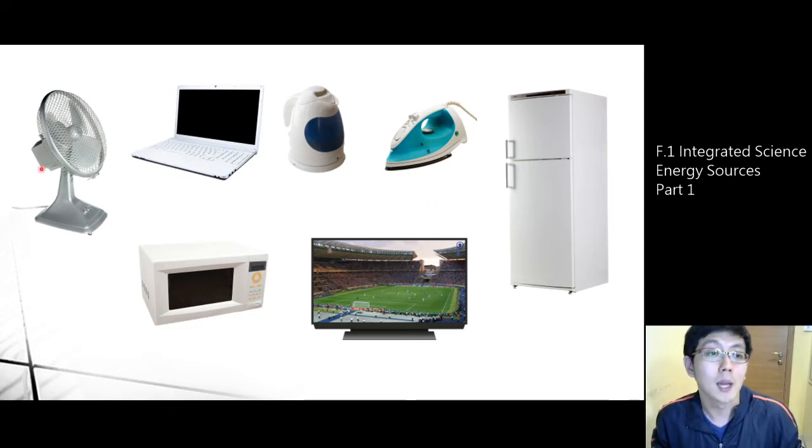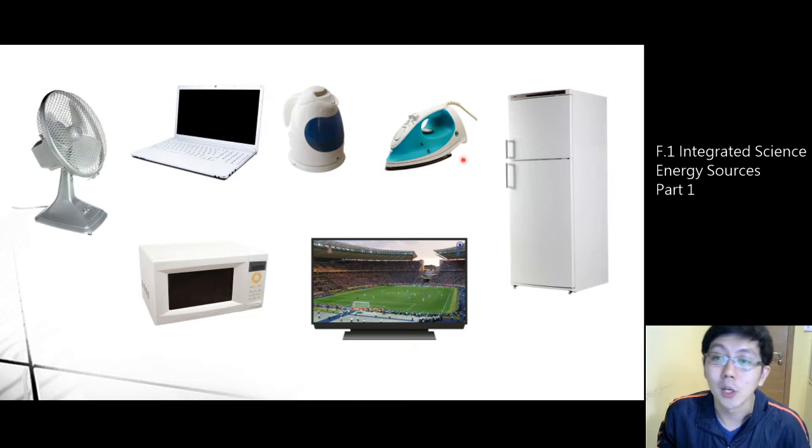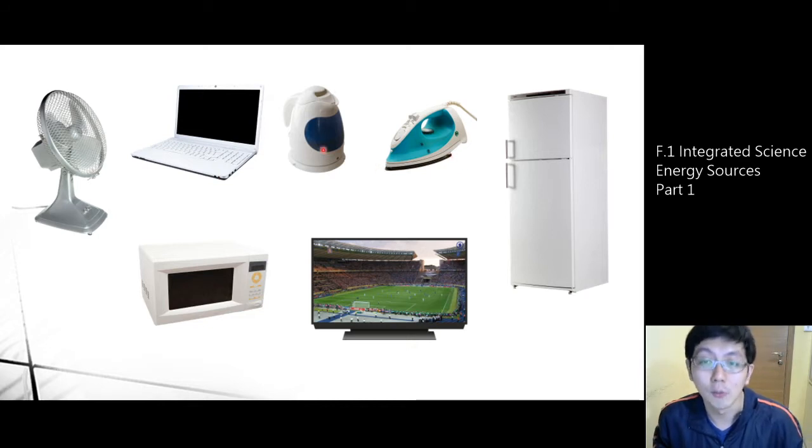For example, we can convert electrical energy into kinetic energy of the fan. We can convert it into thermal energy, like the boiler or the iron. Light energy, like a television, or sound energy in the computer, and so on.